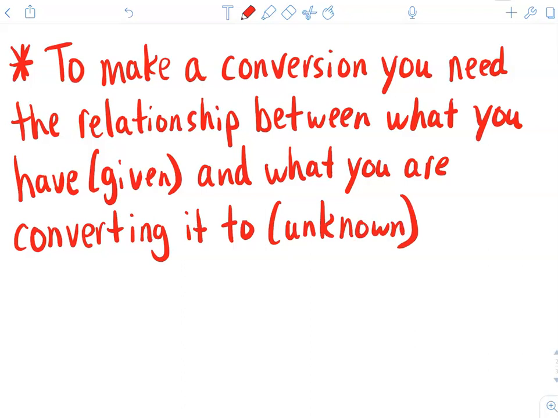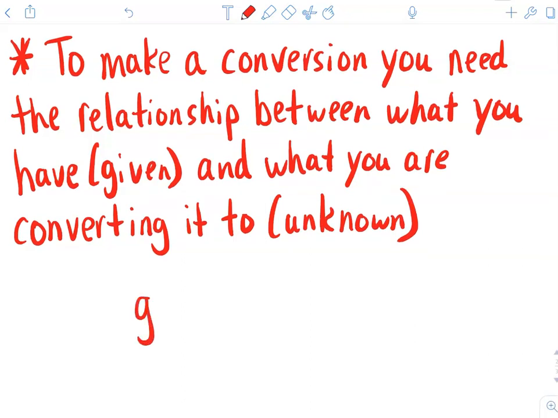So basically, we have to figure out a way to go from our given to our unknown.